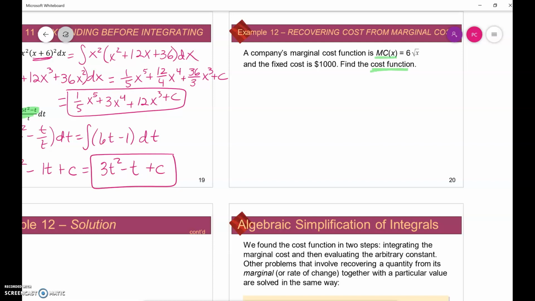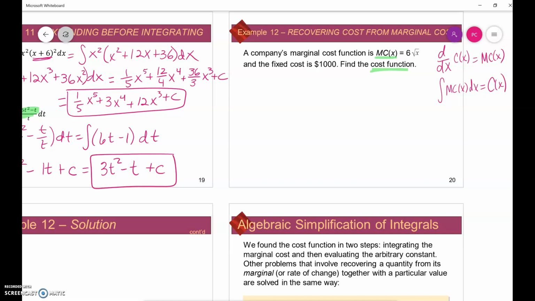So remember, we know that the derivative of cost gives us the marginal cost. Okay, so the inverse or the opposite operation tells us that the integral of the marginal cost dx is going to give us the cost function.